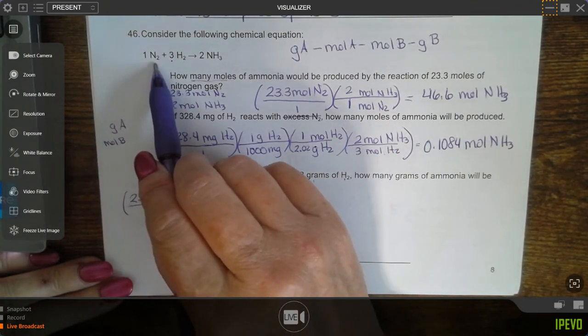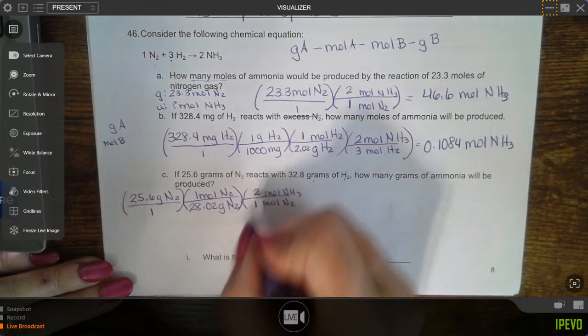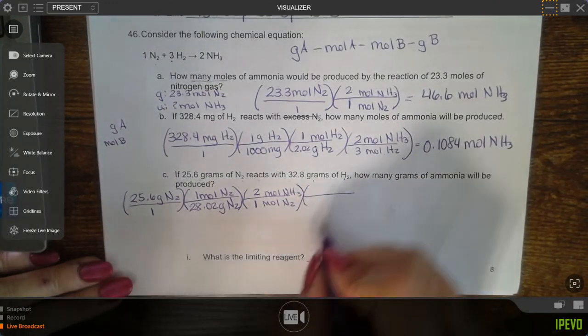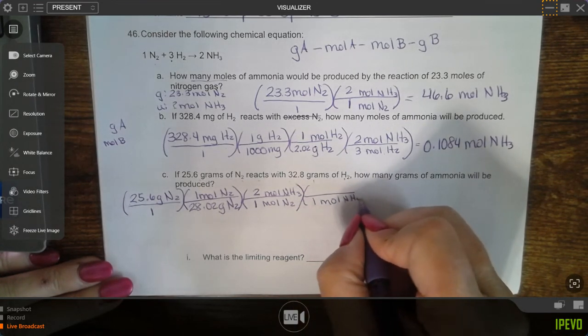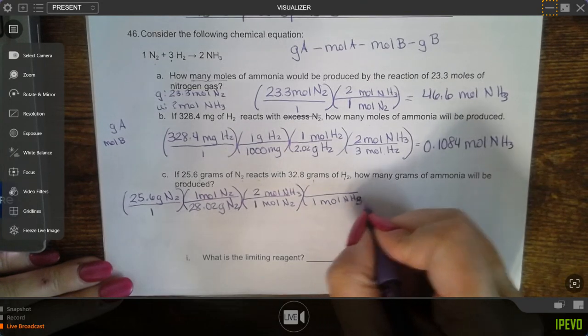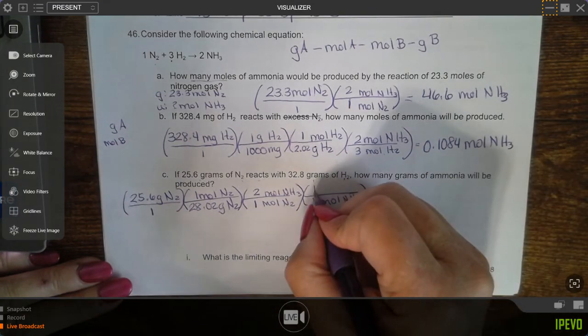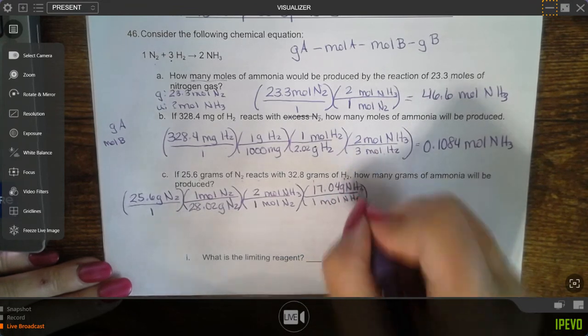Balanced chemical equation: N2, there's only one of those; NH3, there are 2. And the last step for this one is we need the molar mass of NH3. So 1 mole of NH3. Oops, not NH4, NH3. Nitrogen is 14.01, hydrogen is 1.01, so 14.01 plus 1.01 times 3 is 17.04 grams of NH3.